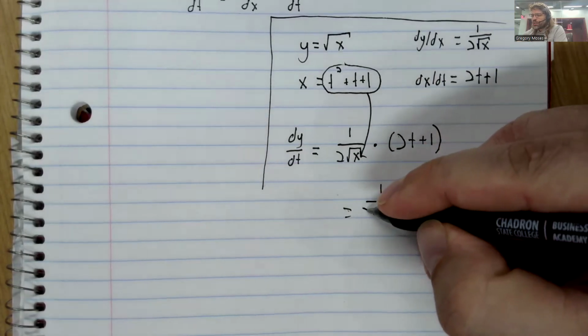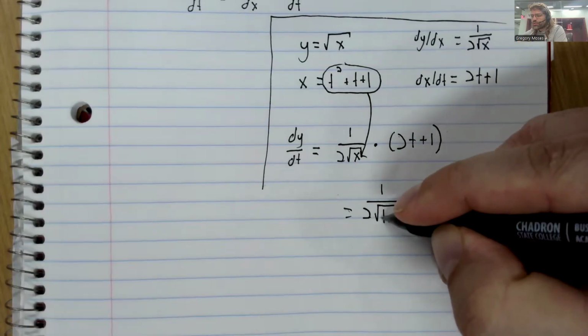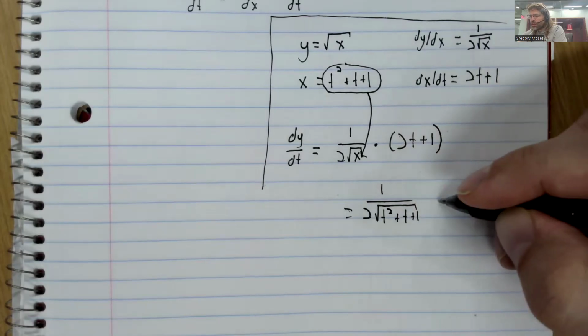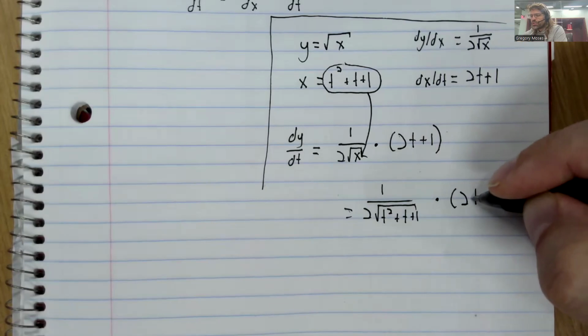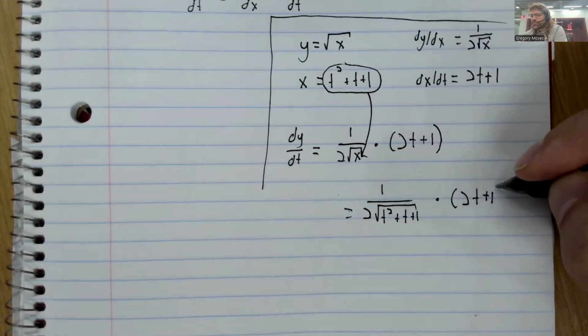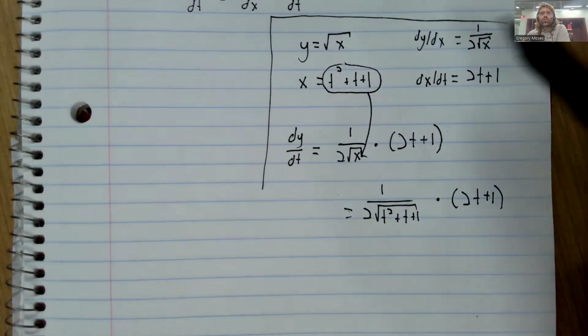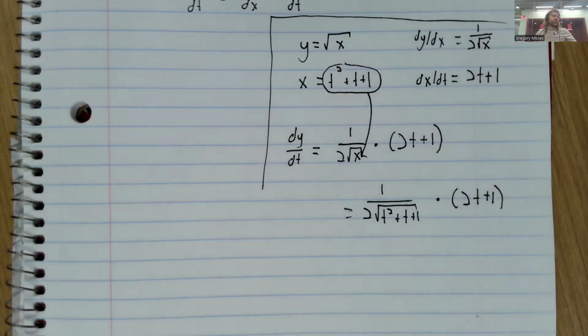This is 1 over 2 times the square root of t squared plus t plus 1 all times 2t plus 1. So we found the derivative we want. We multiplied the two derivatives together, and then we did a substitution.